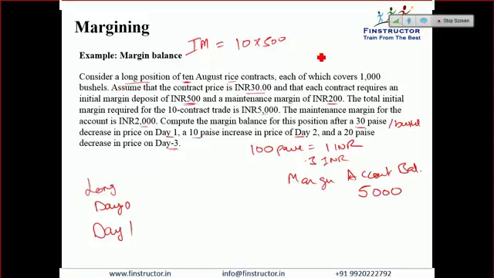So 0.3 into 1000 into 10. That is, for 1000 bushels in one contract, there is a 0.3 INR loss per bushel, so 300 per contract, and for 10 contracts it will be 300 into 10, that is 3000.